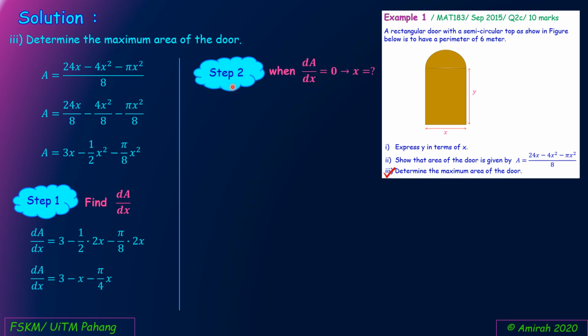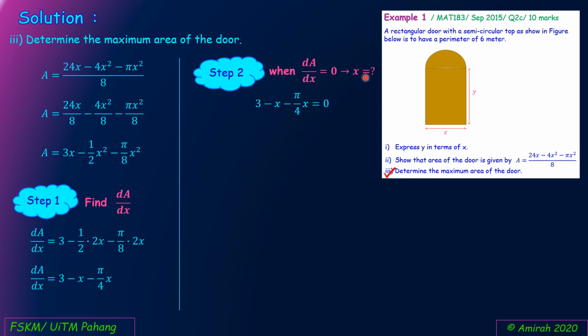Then step 2, when dA over dx equals 0, we need to find the value of x. So from dA over dx equals 3 minus x minus pi over 4 x, we equate to 0.